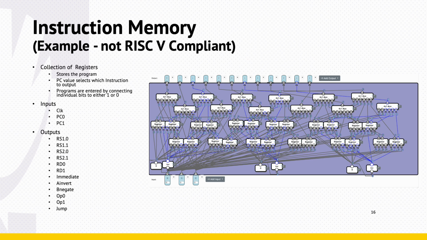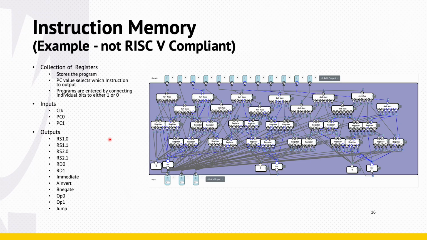So we have a couple of different groups of things. And let's just go over this first based on inputs and outputs. The inputs are very, very simple. We have a clock input, we have a program counter input, and that's it. So the clock input allows us to change what the output of this instruction memory is based on our clock.